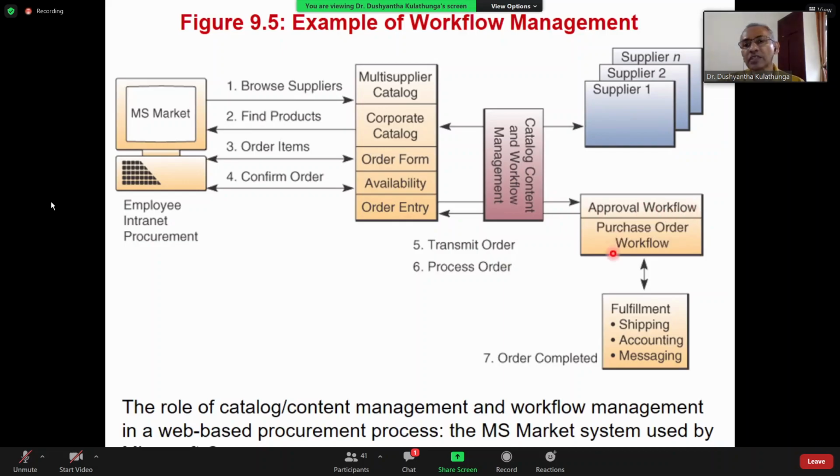Here they say approval workflow, purchase order workflow. So they may have their own workflows processing the order within the organization, and thereafter order fulfillment and order completion can happen by shipping, sending the invoices and making necessary communications with the buying organization. So this is an example of a workflow in relation to procurement of items from a supplier.